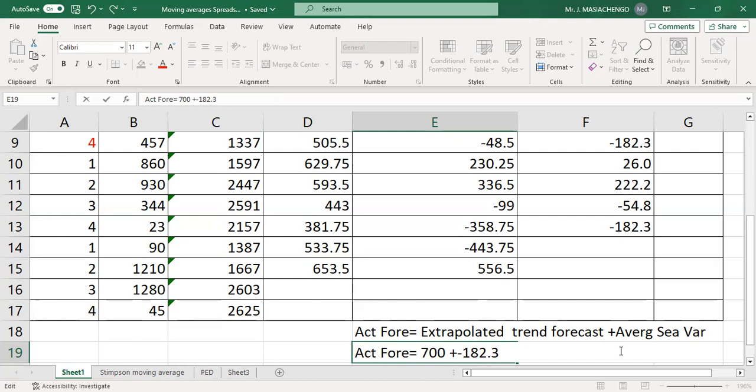We say the extrapolated trend forecast plus the average seasonal variation. Then we can predict our future sales. We're doing it for Q4. This is our Q4 forecast.